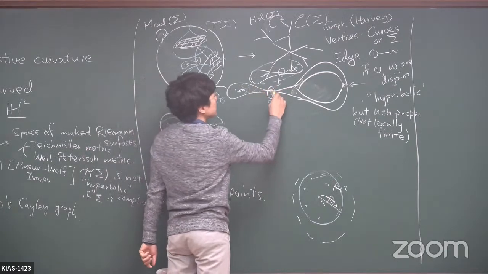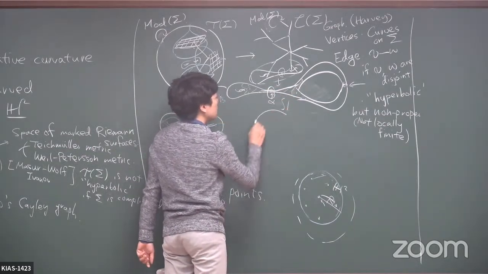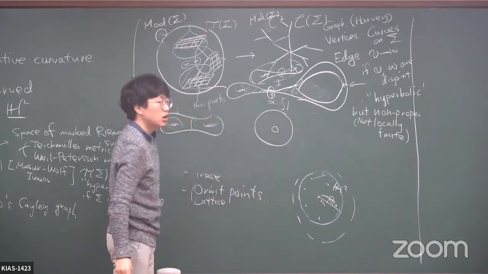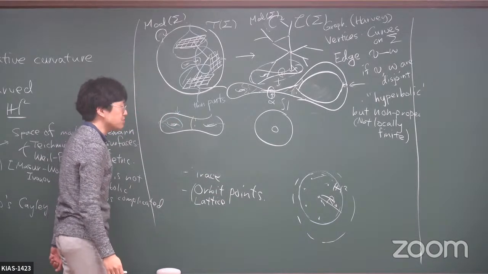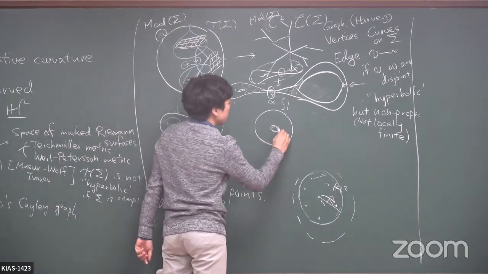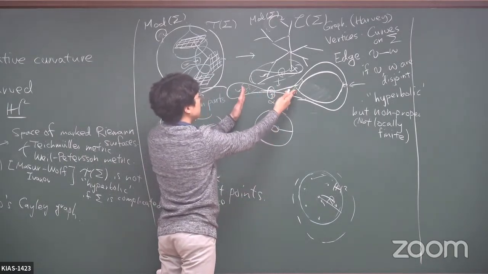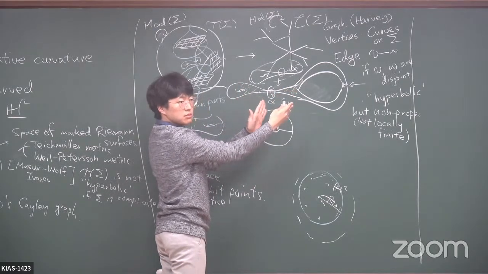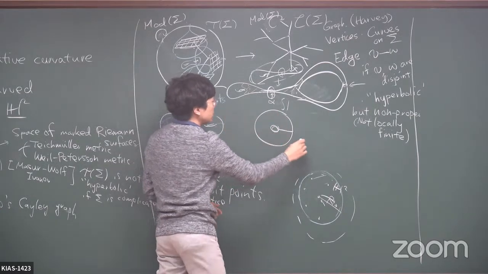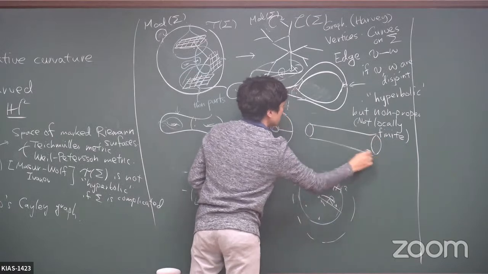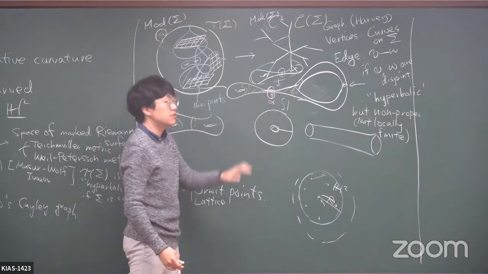By uniformization, this is conformally equivalent to a finite standard cylinder on the complex plane. Then the ratio between this and this is called the modulus, and you seek an embedded cylinder with maximal modulus. And if that modulus is large enough, it means that you have an embedded very long cylinder in this surface. Then you call this curve thin.